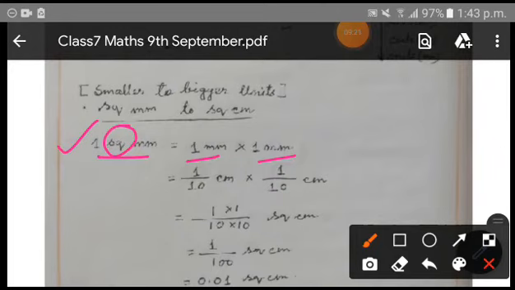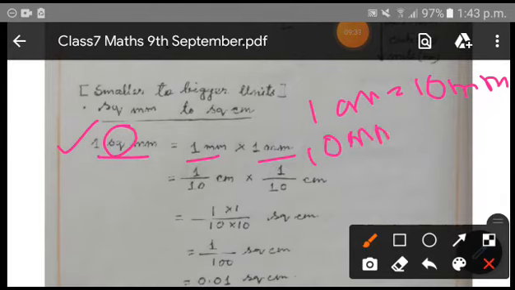Now as you know, 1 centimeter means 10 millimeter. So we can say 10 millimeter equals 1 centimeter. So now 1 millimeter will be what? 1 by 10 centimeter.